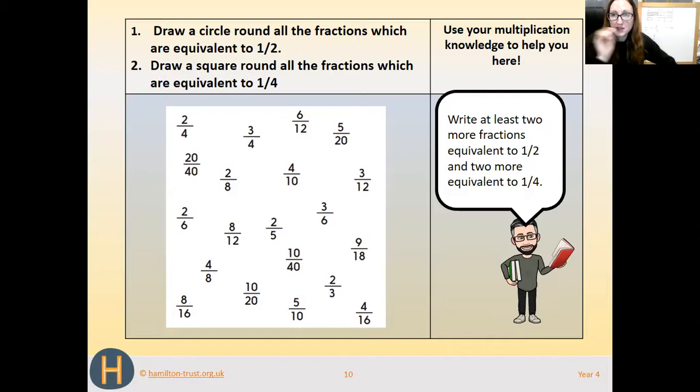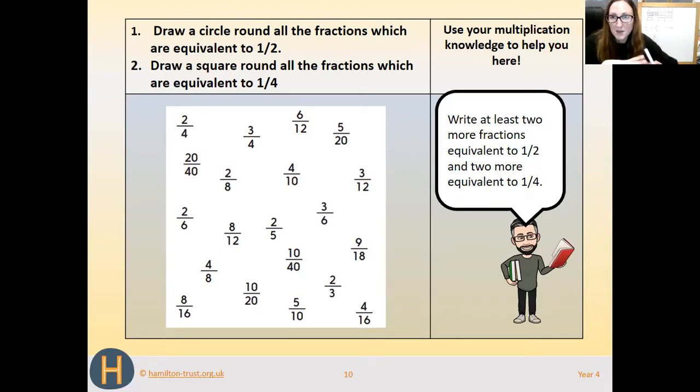So you're going to show the difference between equivalents to a half and equivalents to a quarter by drawing a square round the fractions that are equivalent to 1/4. Again, think about the connection between the numerator and the denominator. The numerator should be 1/4 of the denominator. The denominator should be 4 times as big.